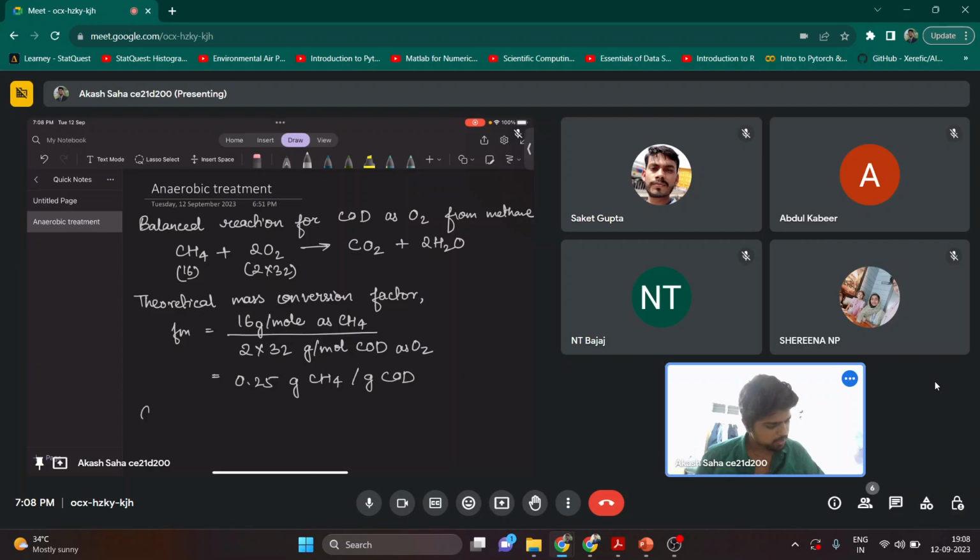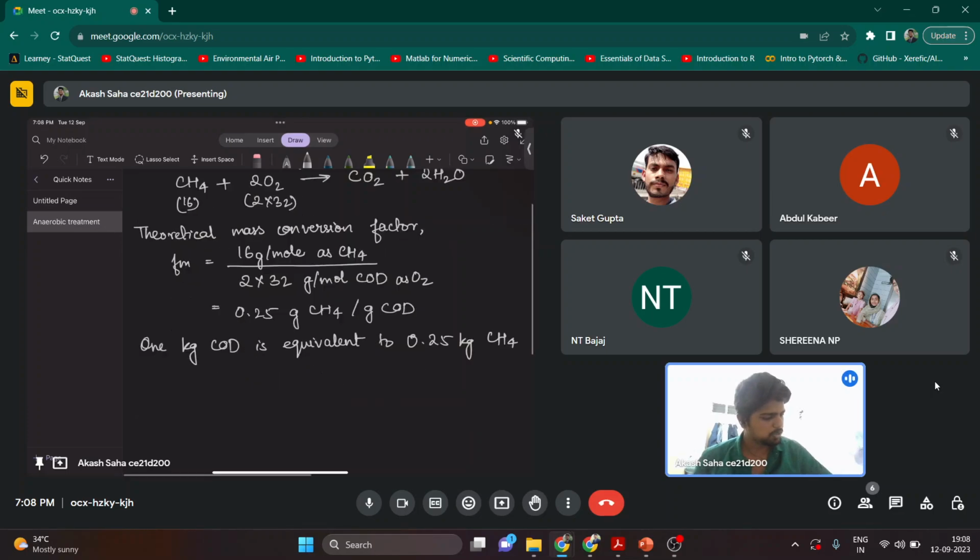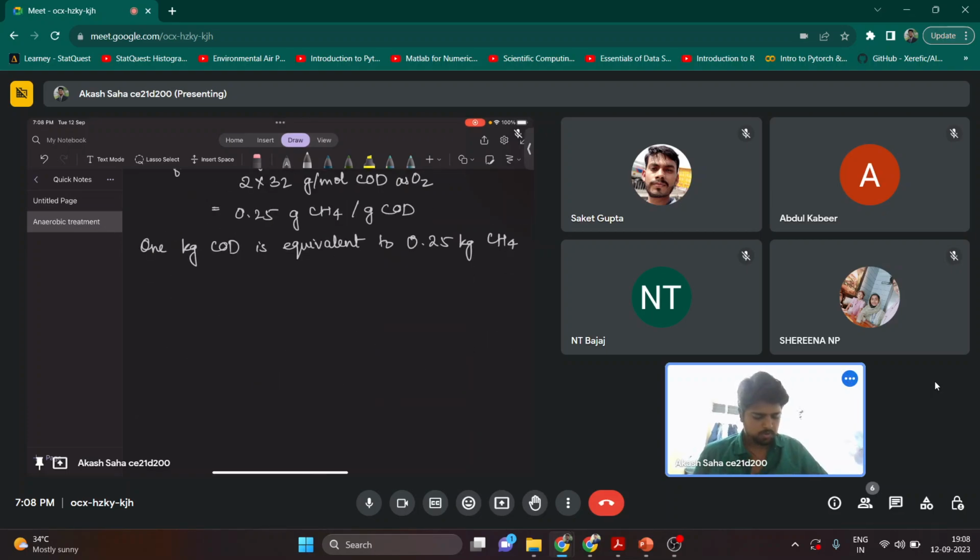So we can say 1 kg COD is equivalent to 0.25 kg CH4. Right. So what will be my number of moles of methane?